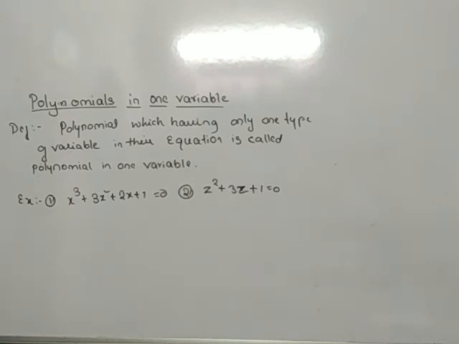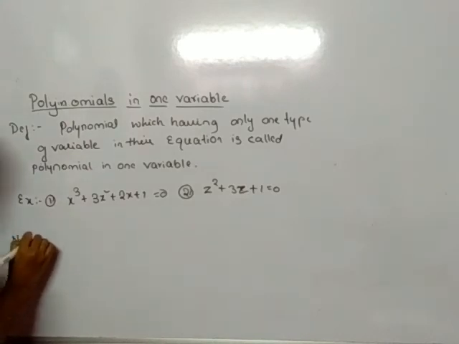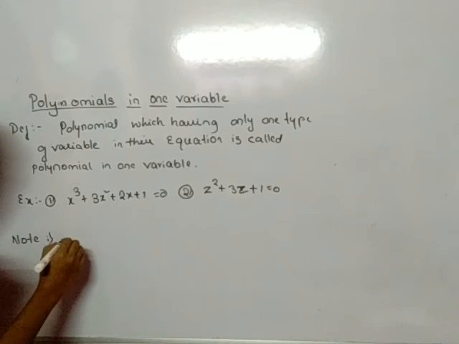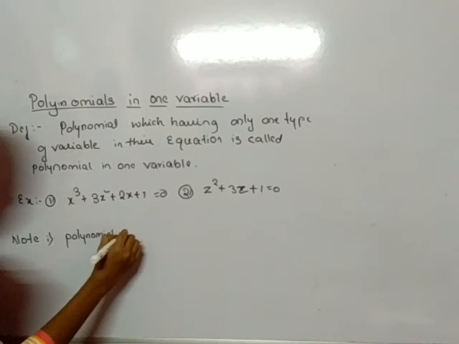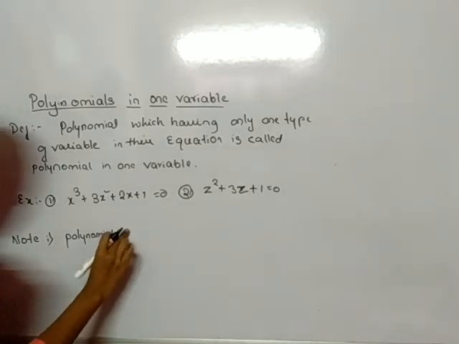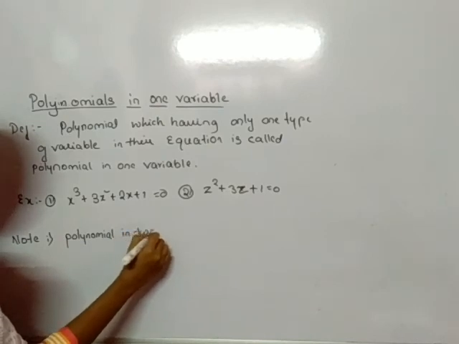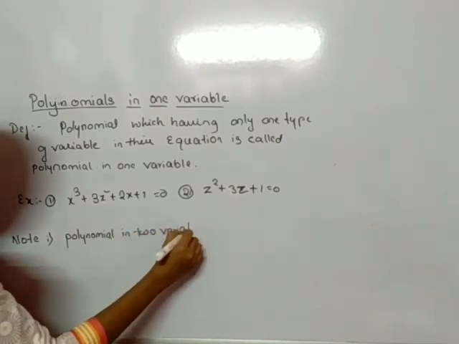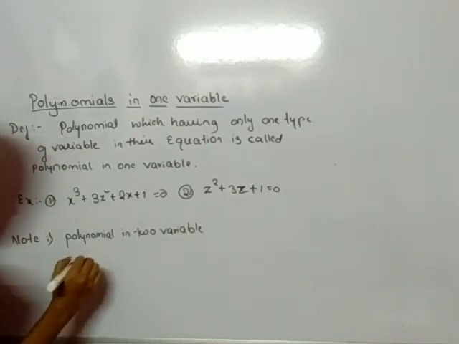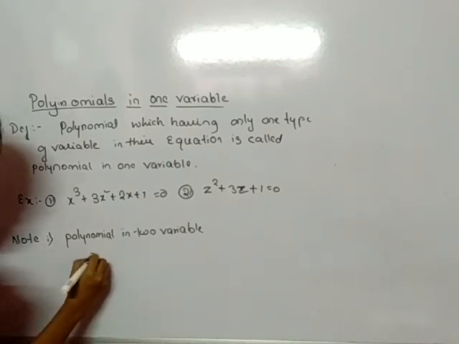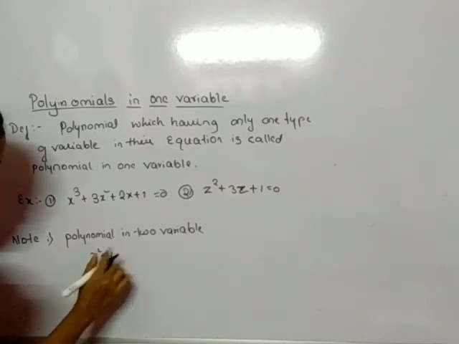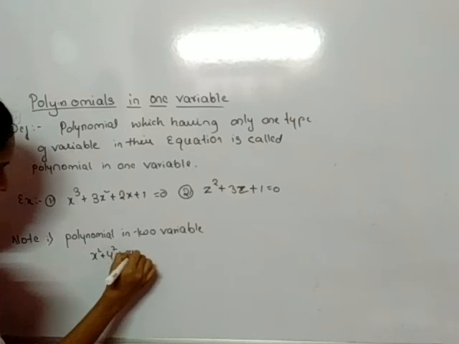We'll see how the polynomial looks if it is in two variables, right? So we'll take a note here. First, polynomial in two variables. How does it look? Two variables means it contains two types of variables, right? x square plus y square plus xy.